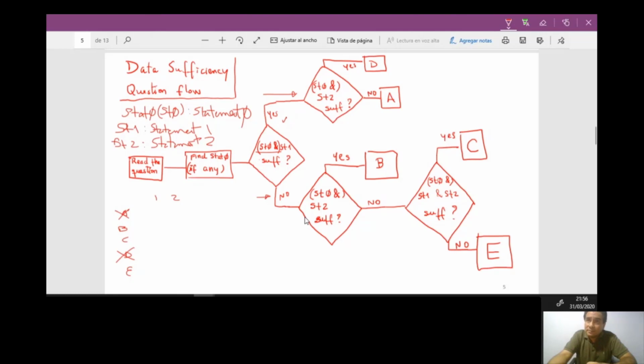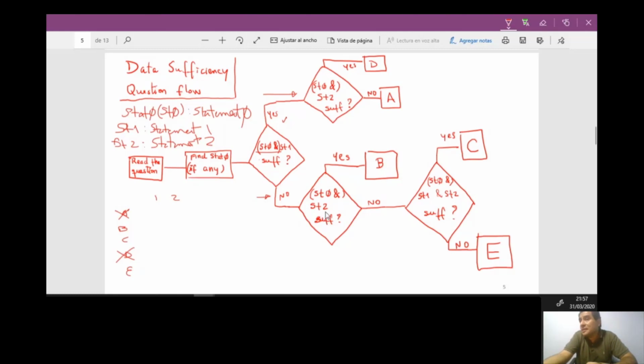What should you do next? Well, evaluate statement 2. Same as in the other case. No matter what you find when you evaluate statement 1, you need to evaluate statement 2 alone or combined with the statement 0 if there was any. Then you need to do the same evaluation and judge.